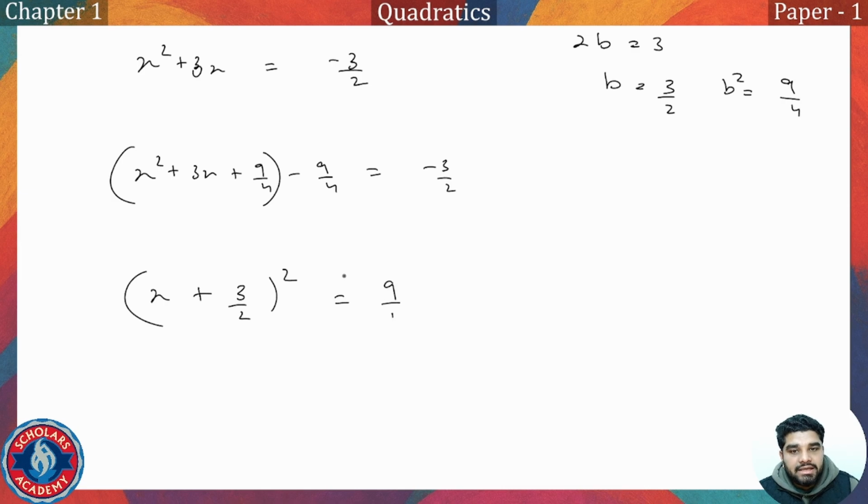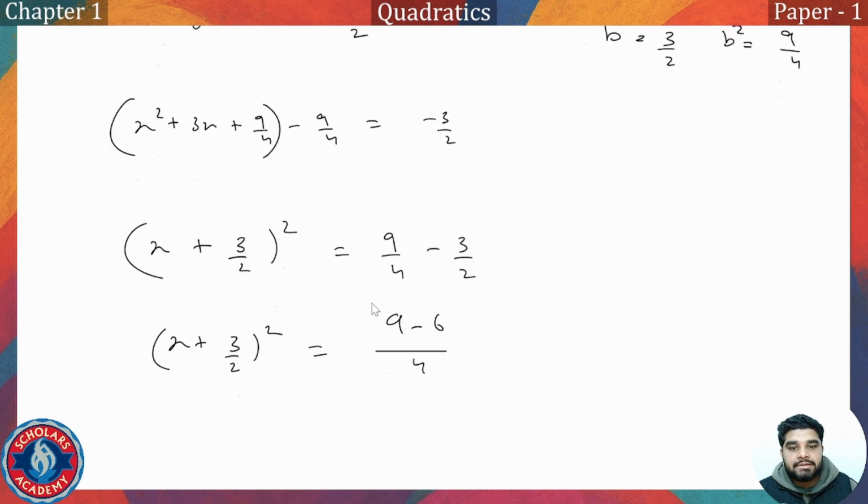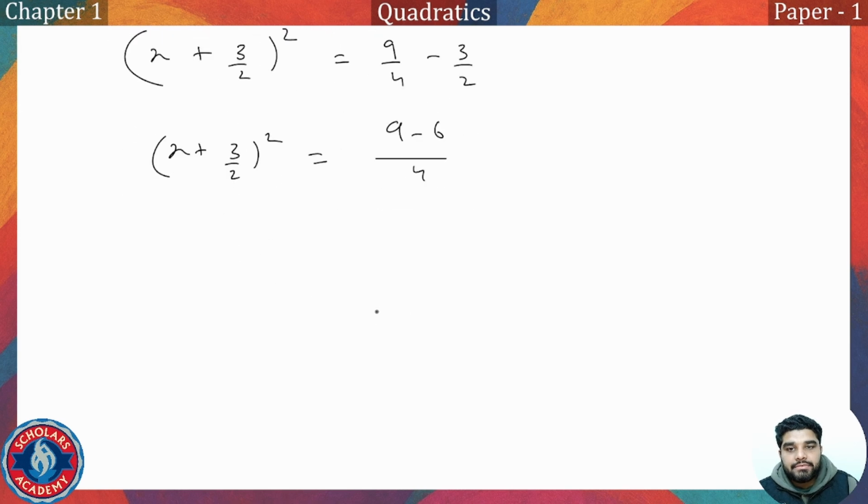We get 9 by 4 minus 3 by 2. So (x plus 3 by 2) whole square is equal to 4, and we get 9 minus 6. So (x plus 3 by 2) whole square is equal to 3 by 4.